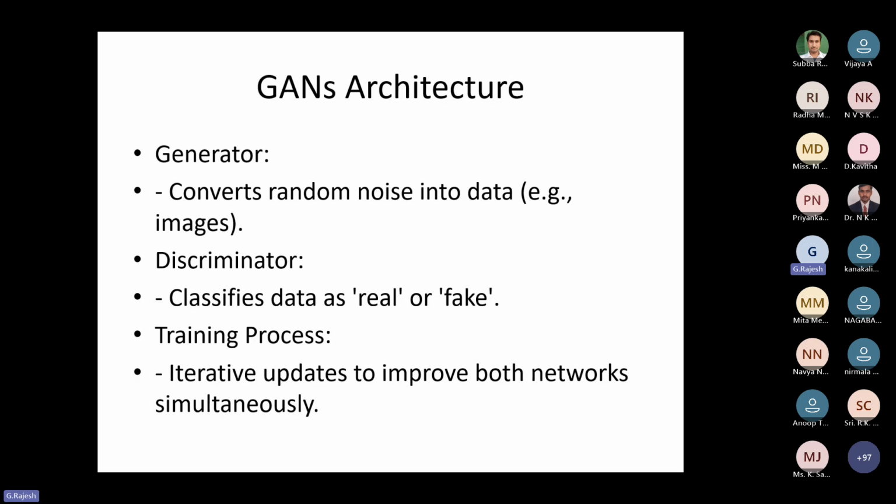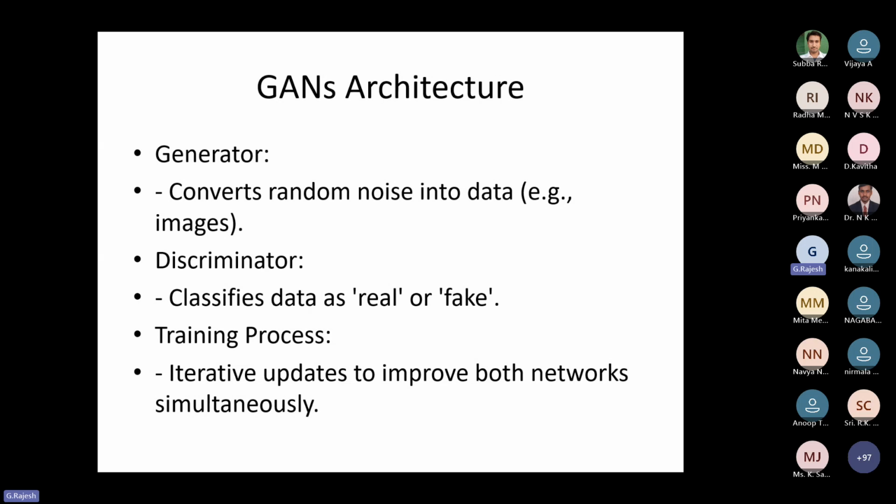So as I said, it has two pieces. The generator converts random noise into data. For example, it gets the input and tries to create an image of what was requested. The discriminator's job is to identify whether the image given to it is real or fake.